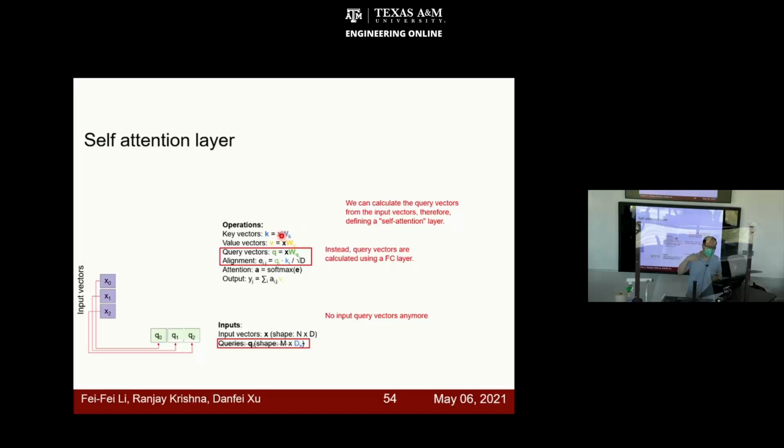One is the alignment or similarity. One is the softmax attention calculation. So key, value, queries are all from X with learnable parameters W. Their forms are all the same: a vector times a matrix, which is a fully connected layer, basically a linear layer.